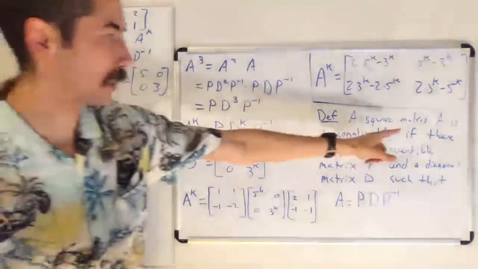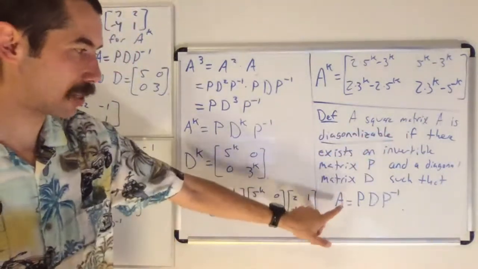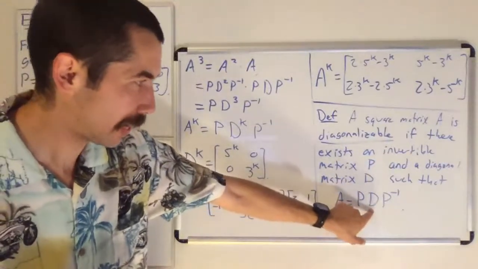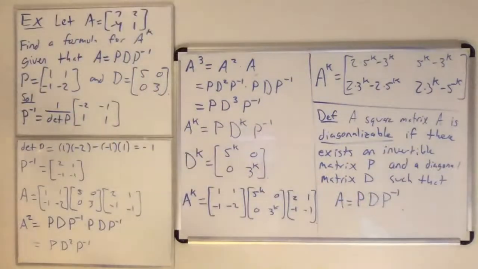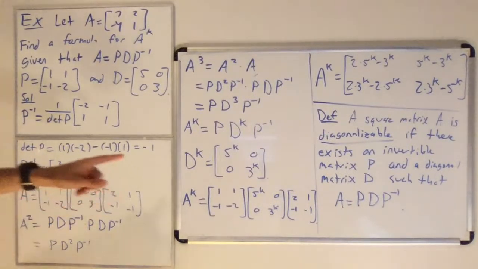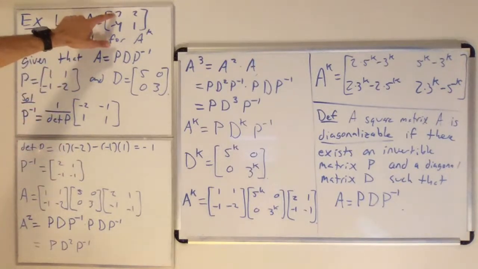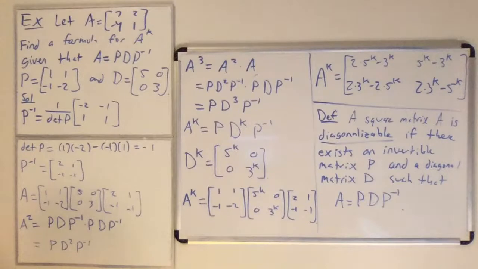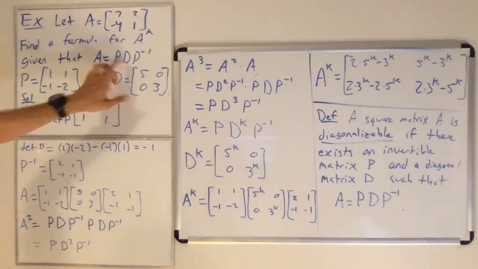So we say a matrix is diagonalizable if we can express A as P times D, where D is diagonal, times P inverse. And now you may ask, when is it the case that we have a diagonalizable matrix? You saw here that our matrix [7, -4; 2, 1] was diagonalizable. But you could imagine there are some matrices where this doesn't work. So we're going to write a theorem that tells us when we can diagonalize our matrix, and the theorem will tell us how to find P and D.